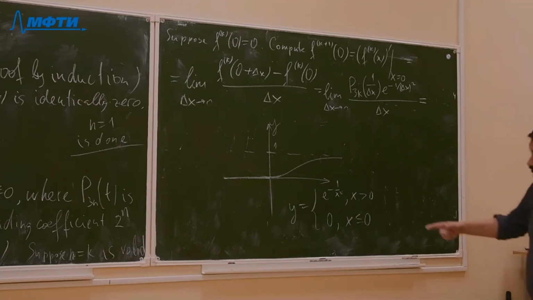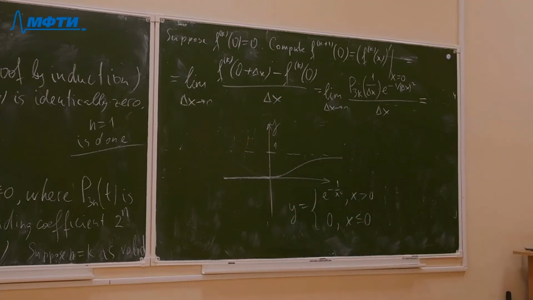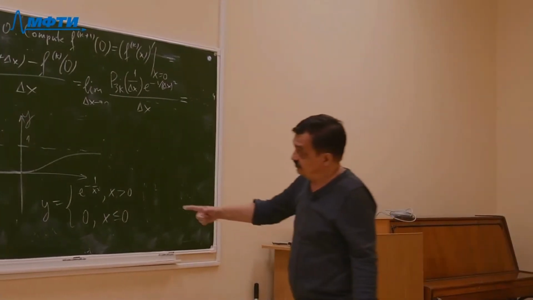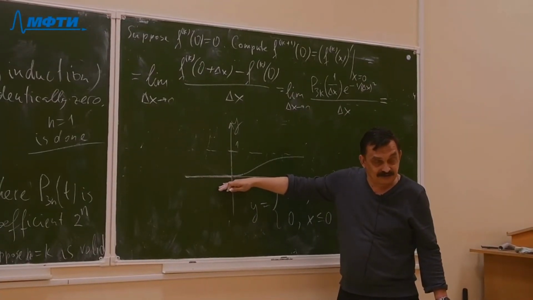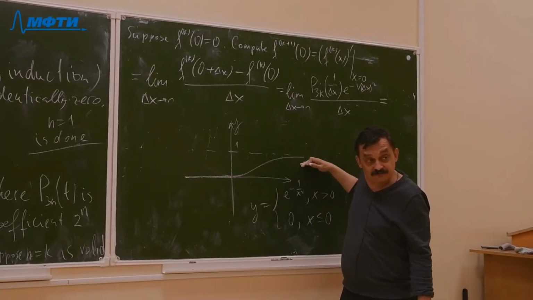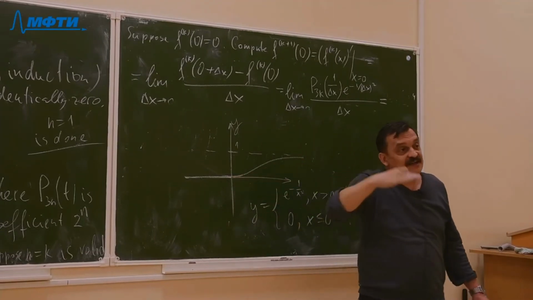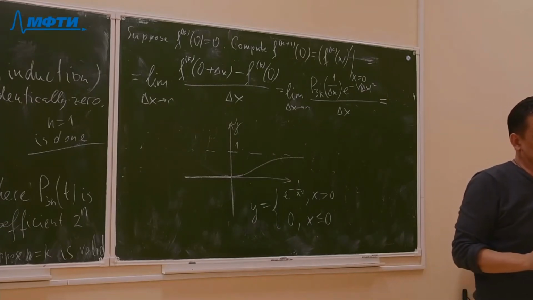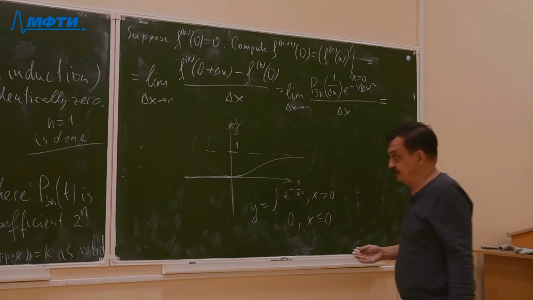And what happens with that function then? This function has derivatives of arbitrary order at every point, right? And you see what the properties are. It is identically 0 here, but it is not 0 for positive, right? So this is a very, very smooth function. Extremely smooth, I would say, because it has infinitely many derivatives, right?